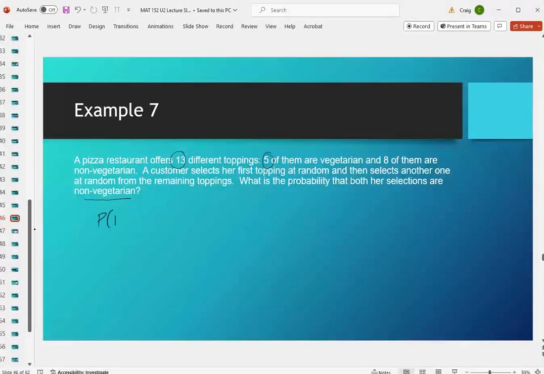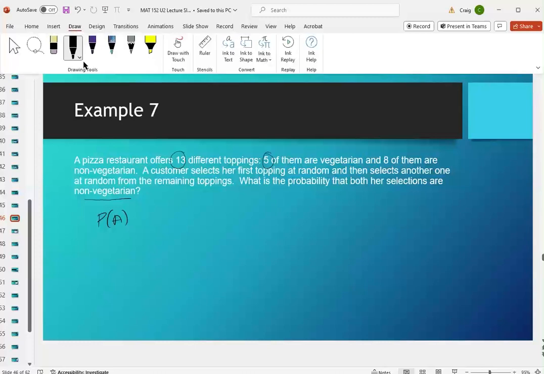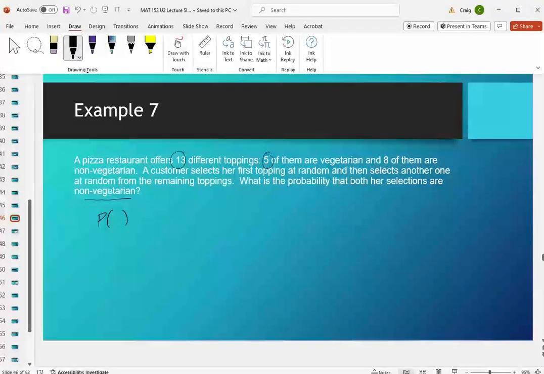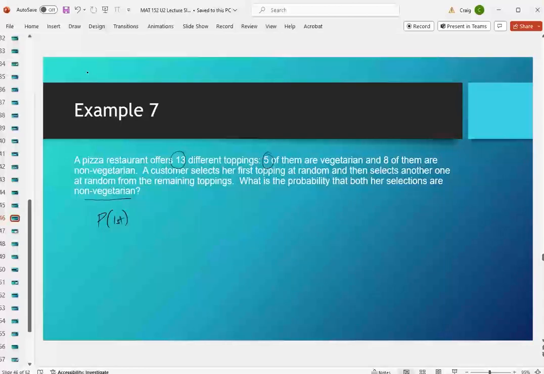So let's say the probability of A is the first choice. The probability of the first choice is going to be 5 out of 13, because there are 5 vegetarian toppings. Oops, I'm doing it backwards.